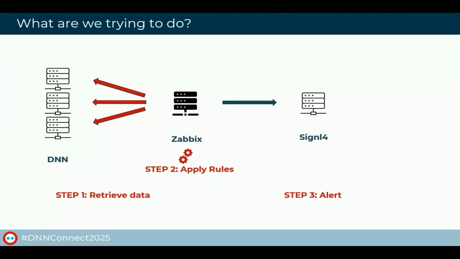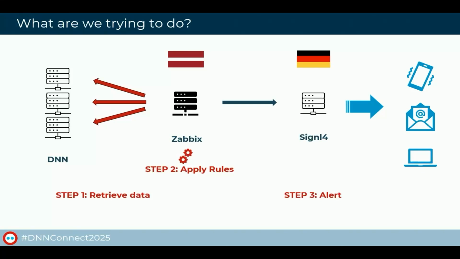You can also say, well, send emails or send SMSs or whatever. We're going to use Signal 4 for the demo, and that will make people's phones scream and do other things. Send them emails, bombard them with stuff. And yeah, Signal 4 is German. Zabbix is Latvian. It's always nice to stay in a European ecosystem.